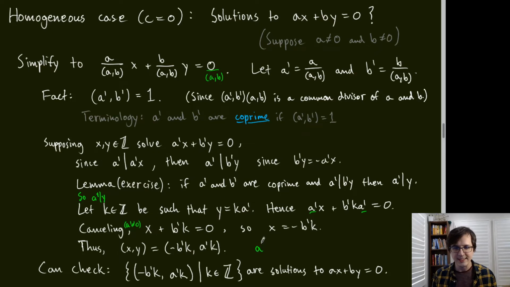That's an easy check, which I'll just do quickly. a prime times minus b prime k, plus b prime a prime k, is negative a prime b prime k plus a prime b prime k, and that is 0, of course, because they cancel out. So just reiterating, assuming we had a solution, we can put it in this form, and also everything of this form is a solution. So this is the solution set for this homogeneous equation, assuming that both a and b are non-zero.